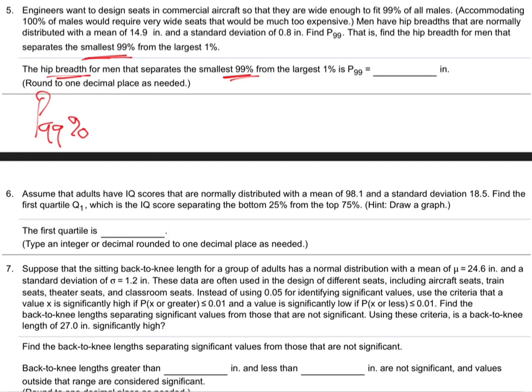Okay, so notice if we're talking about a curve, they're basically saying find the point way over here that has 99% left of it. Find the point on this bottom that has 99% to the left of it.